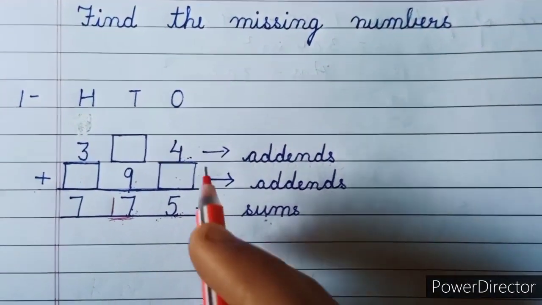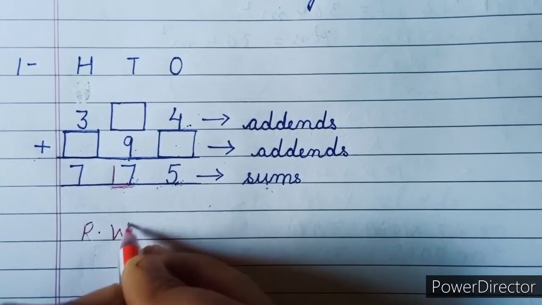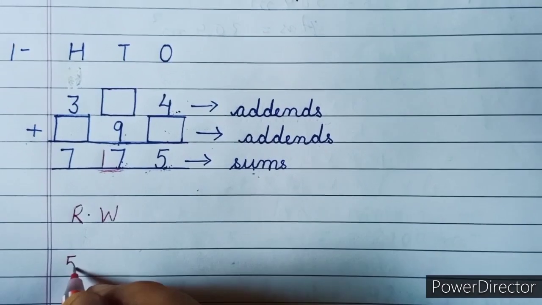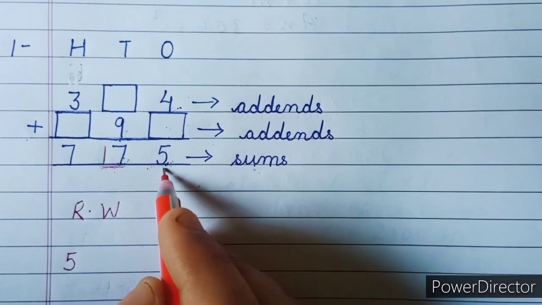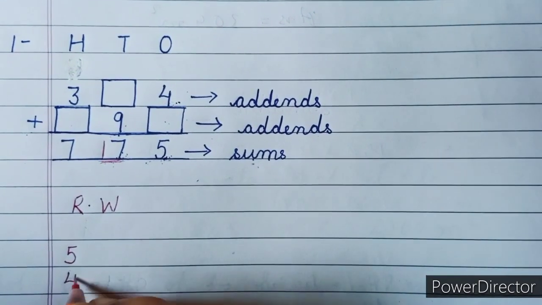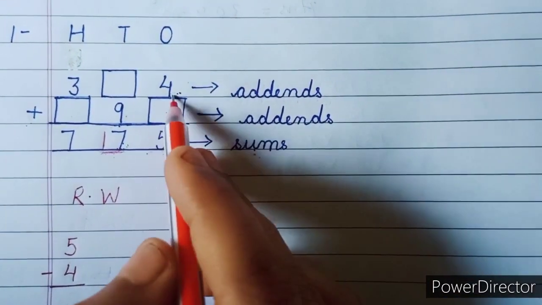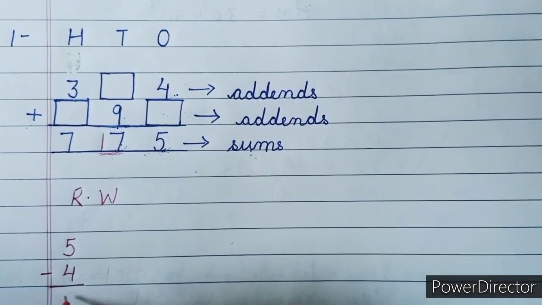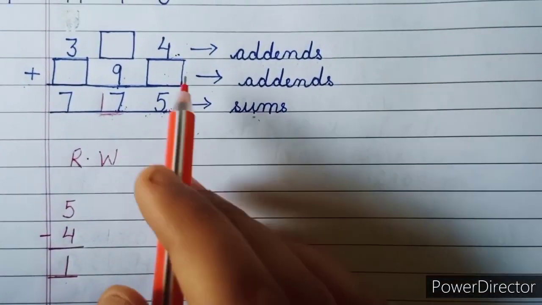You can see here, I am doing rough work. 5 is the answer number. Minus 4 is the addend's number. So 5 minus 4 is equal to 1. The big number is 5 and the small number is 4.